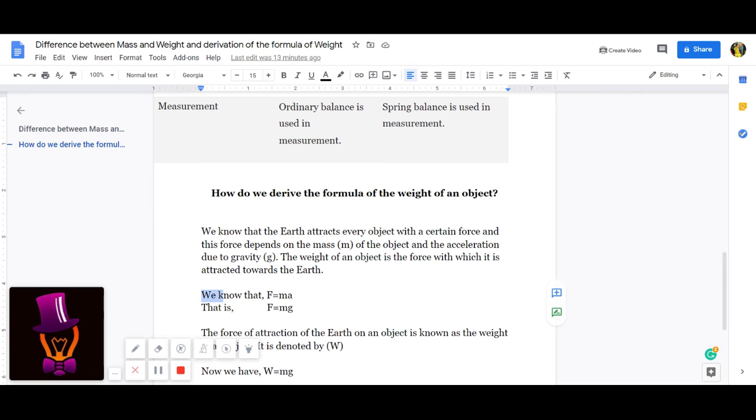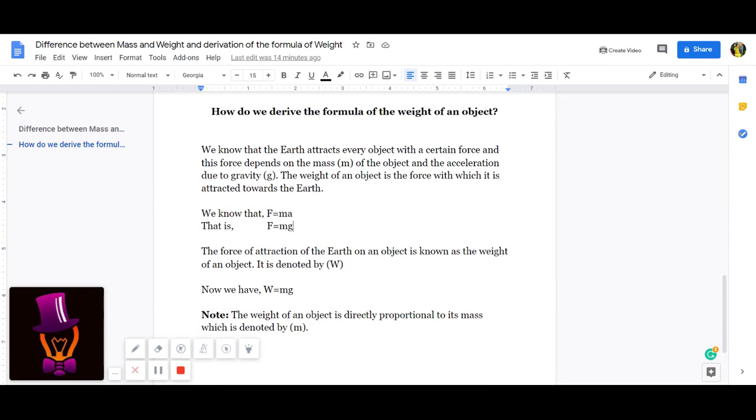So we know that F is equal to ma, which is force equals mass times acceleration. That is, force is equal to mg, where g is acceleration due to gravity. Over here in this chapter, a is replaced by g since the acceleration is caused by gravity. Or else in Newton's laws of motion, we take it as a, which is acceleration.